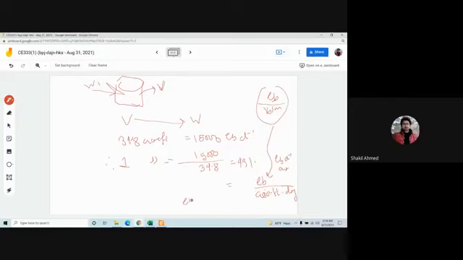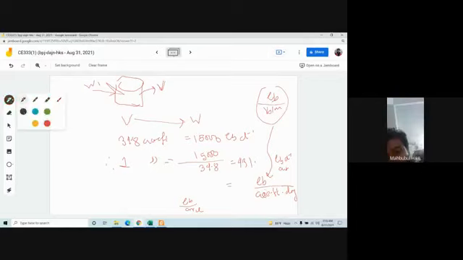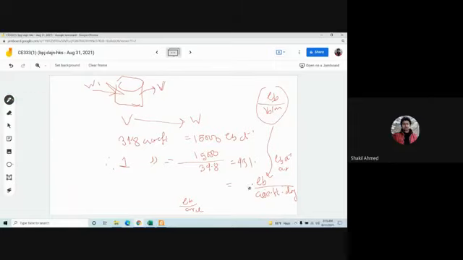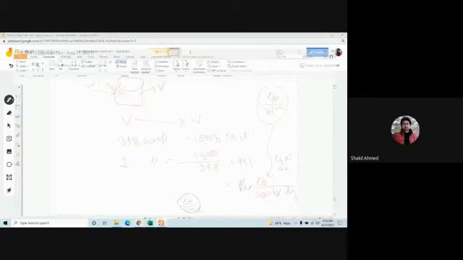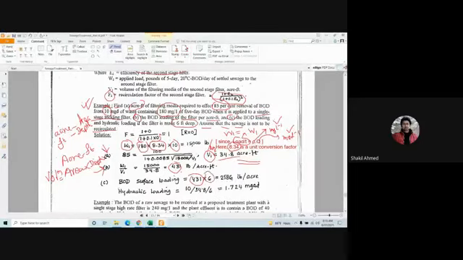Now you need this in pound per acre, that is area. So you need to multiply this with the depth. Am I right? Yes, sir. If you multiply this with the depth, that means feet, then the feet will cancel out and you will get pound per acre per day. So you multiply this with depth, you get this. So BOD surface loading, that means per unit surface area.